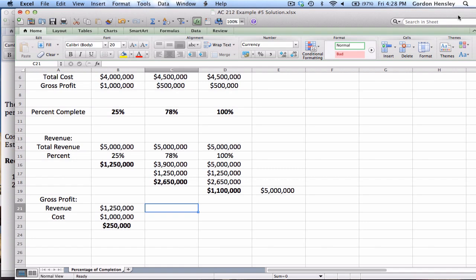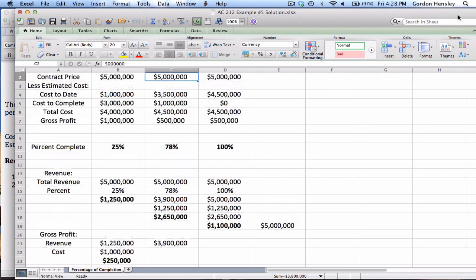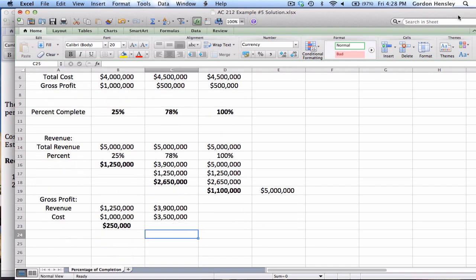Then we get to year two. What is our revenue in year two? Right here it is, $3.9 million. Because it's just the 78%, the $3.9 million. Now, of that $3.9 million, what was our cost? Go up here and look at cost. Cost to date, $3.5 million. But we have something else.